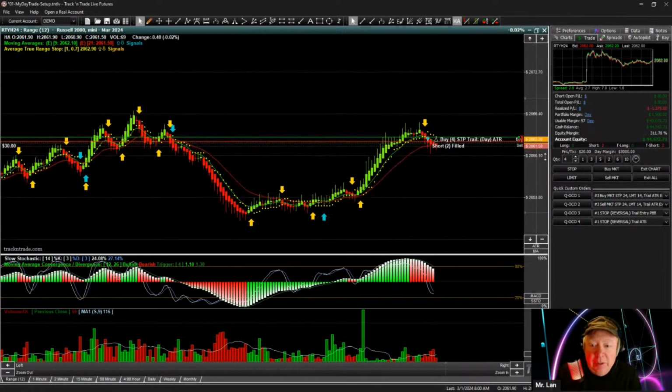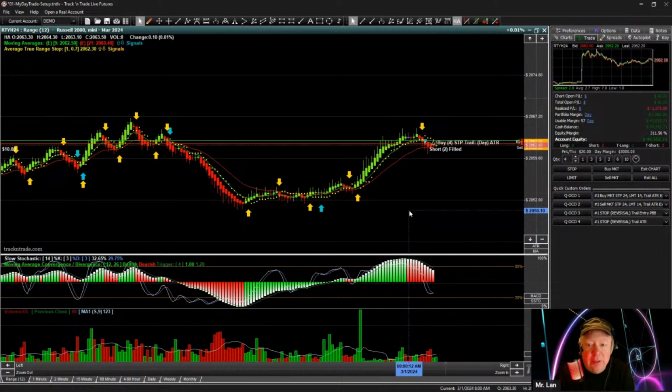So we slow this one down a little bit. We'll see what happens here. We'll try this on the Russell with a range bar 12.